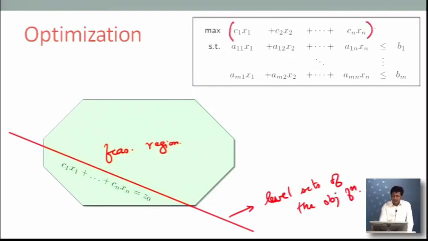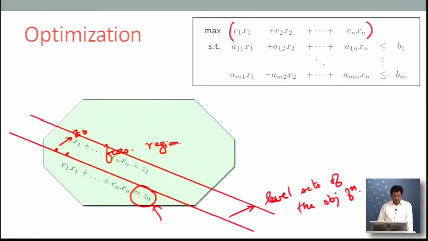Well, let's take this entire function c1x1 plus c2x2 up to cnxn, and let's equate it to some value z0. Now if you do that, then you get a straight line, and this straight line is called the z0 level set of the objective function. So every point here achieves an objective value of z0. That's another way of looking at it.